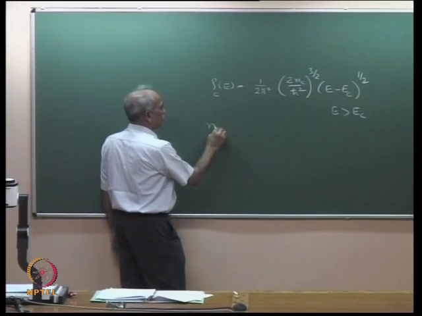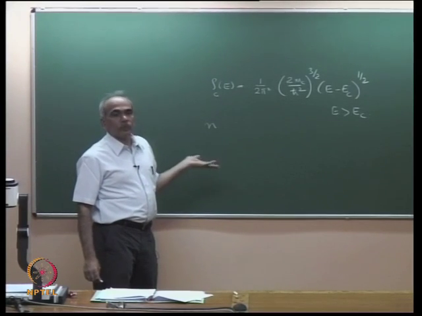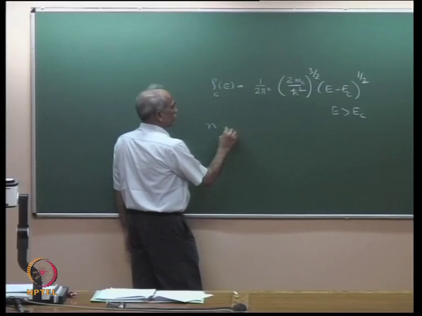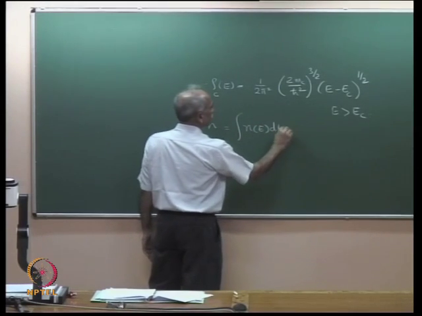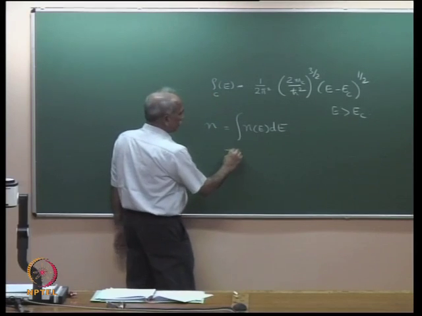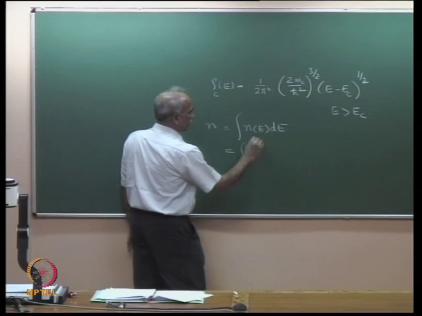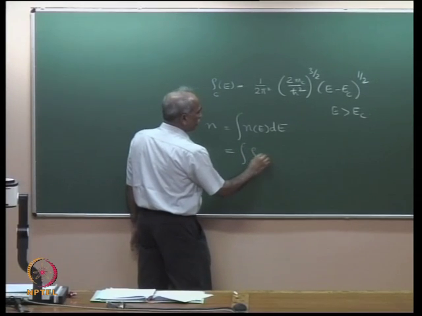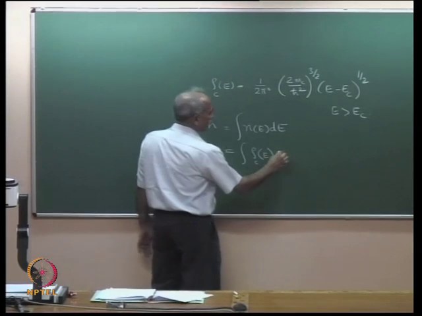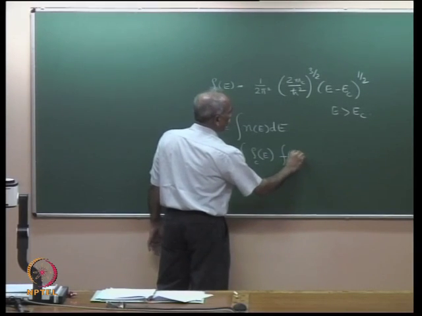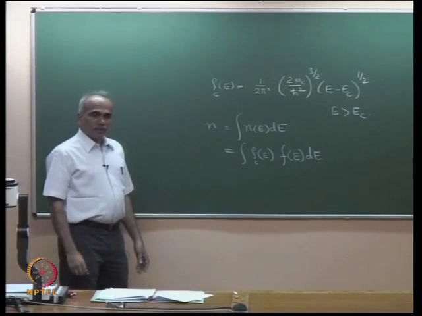This was the density of states, and as I mentioned, the importance of density of states is to determine the carrier concentration, and we need to determine the carrier concentration to know the current. Carrier concentration is given by N of E dE, where N of E is the density of carriers, which is equal to the available density of states multiplied by the probability of occupation.